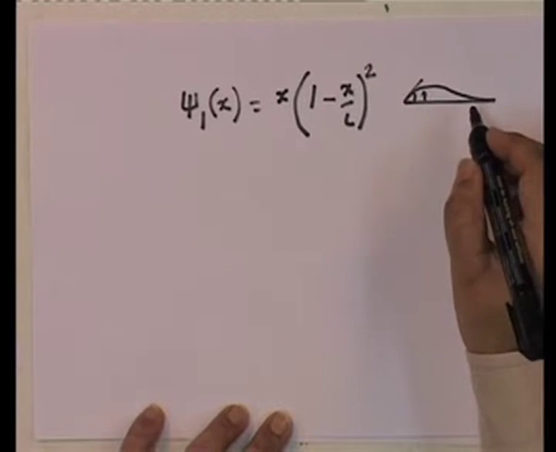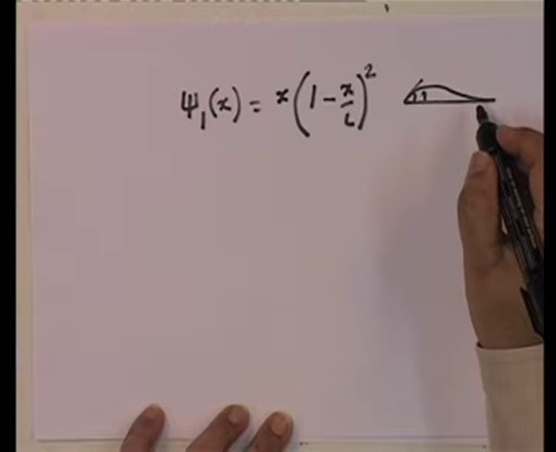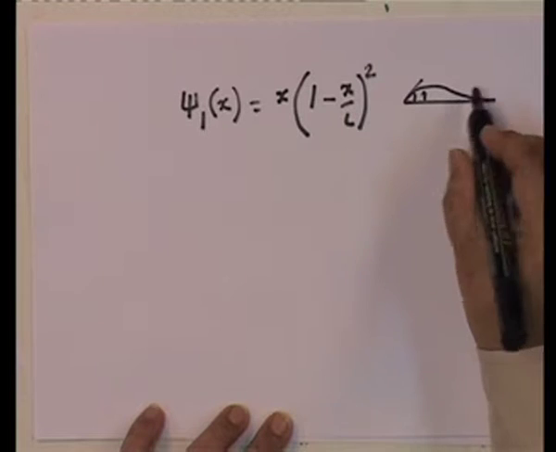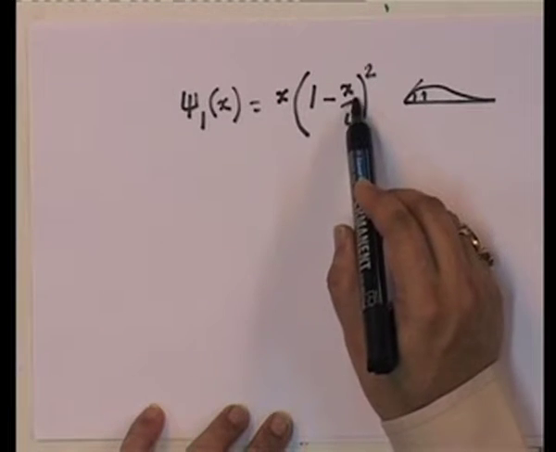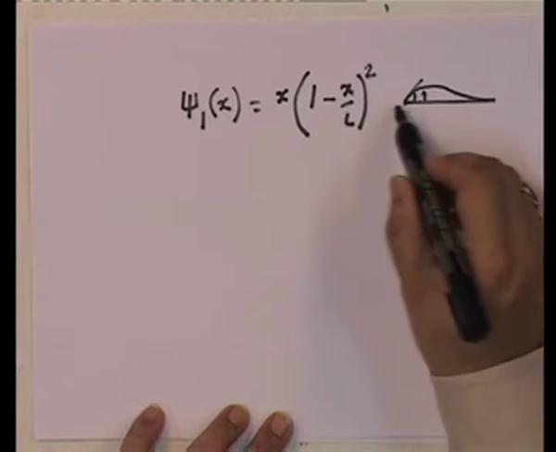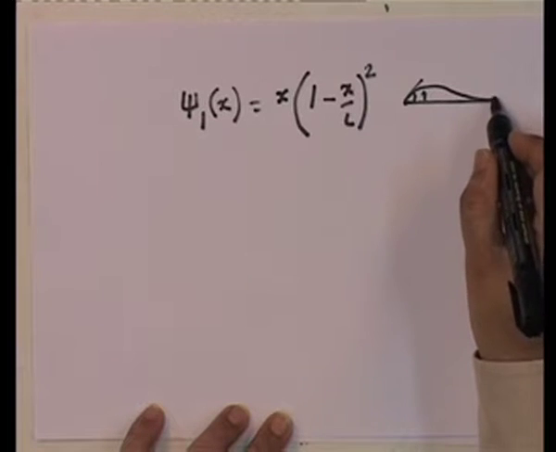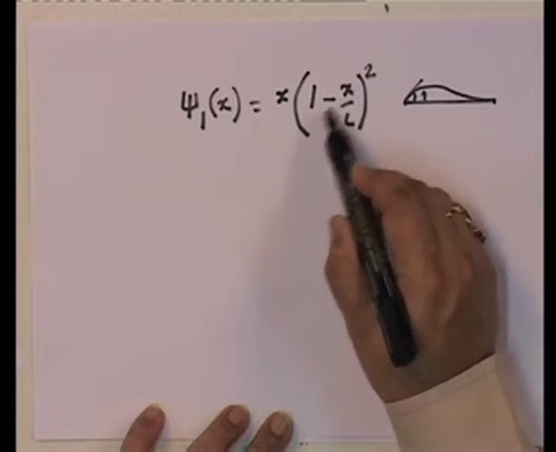So, this one has to satisfy the following. If I put x equal to 0, what is this going to be? It is going to be 0, because V is 0 here, and if I put x equal to L, this becomes 0.